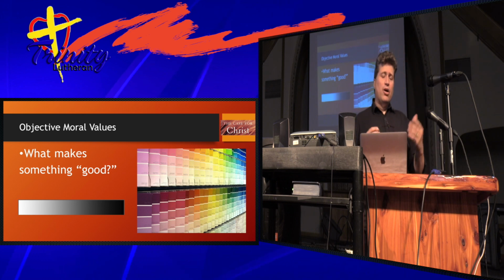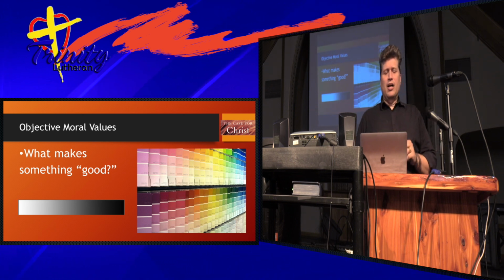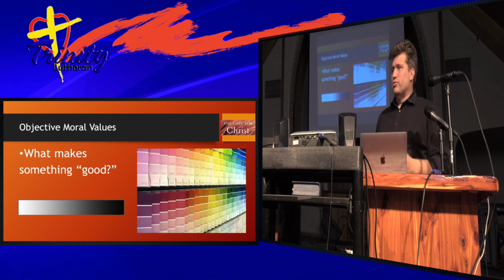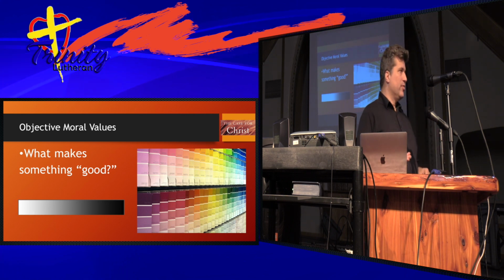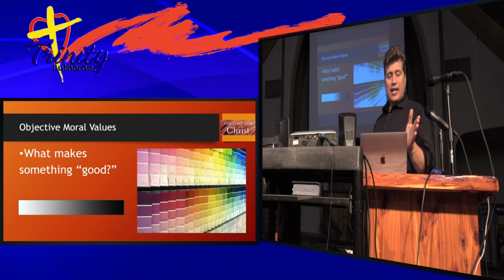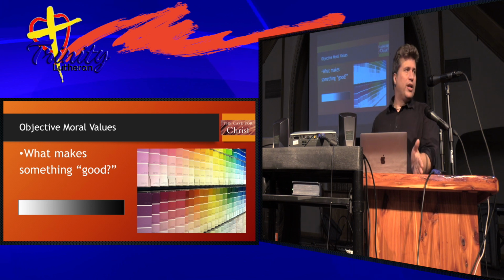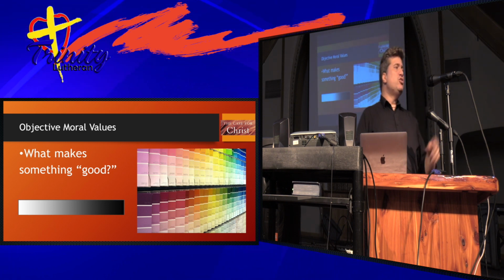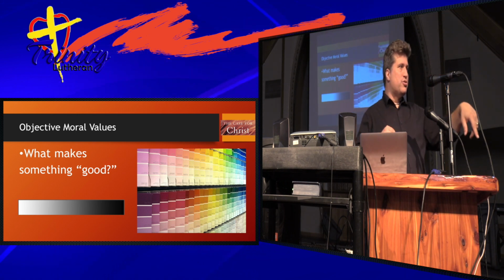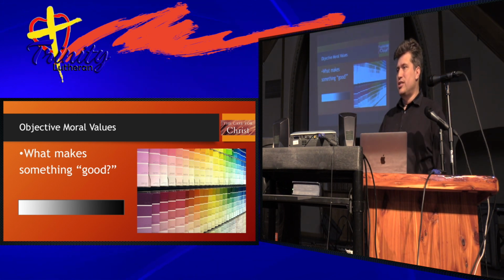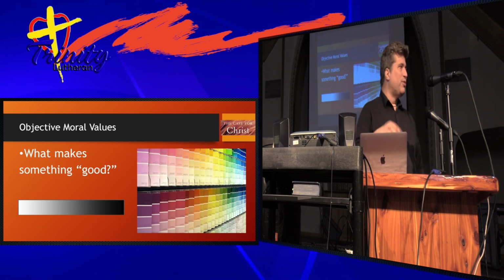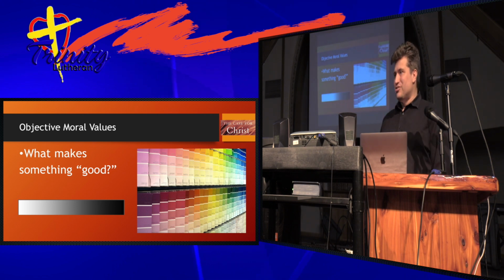Now, if you were to picture, using that example, God's unblemished character. When we're talking about God being good, that means his character trait of goodness is all the way to the left. It's the bright white on that scale. When we talk about a human person doing a good thing, a good deed, that means it's somewhere along that spectrum, but closer to the left side, the bright white side, than the right side.